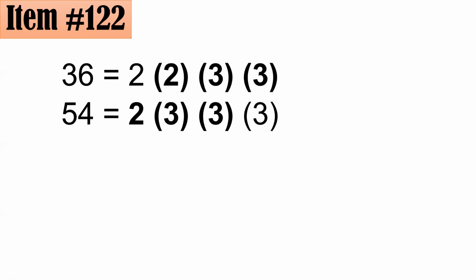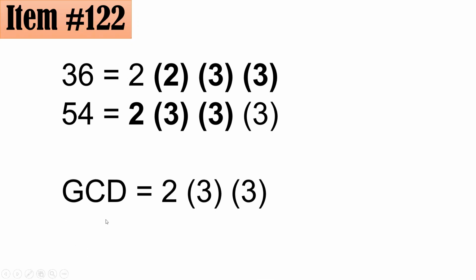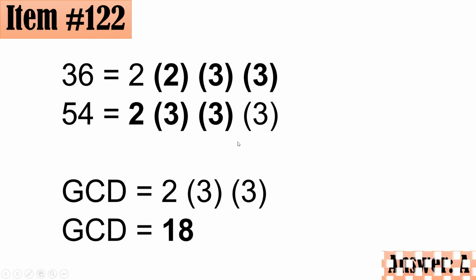And to get the GCF, or the GCD in this case, all we have to do is multiply the 2 times 3 times 3, either that of 36 or that of 54. So if you answered 18, great job. Letter A po. All right. So far, so good.